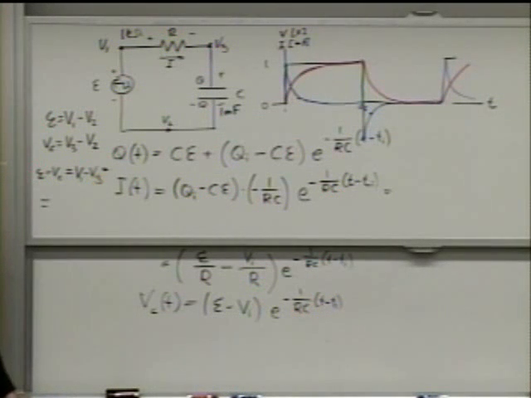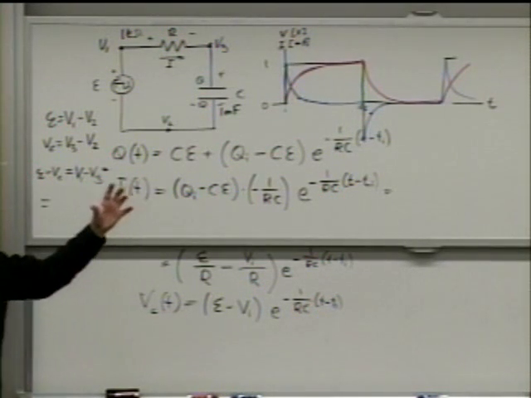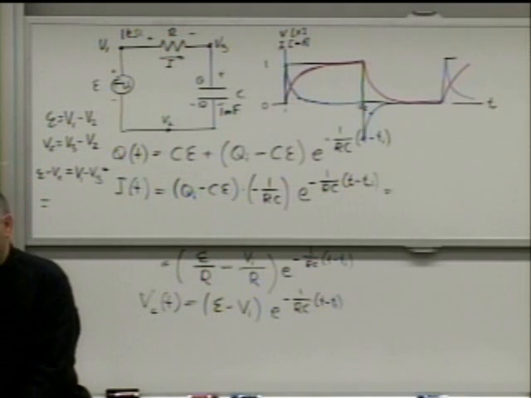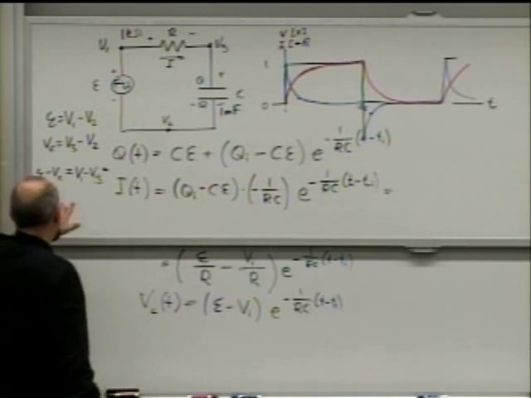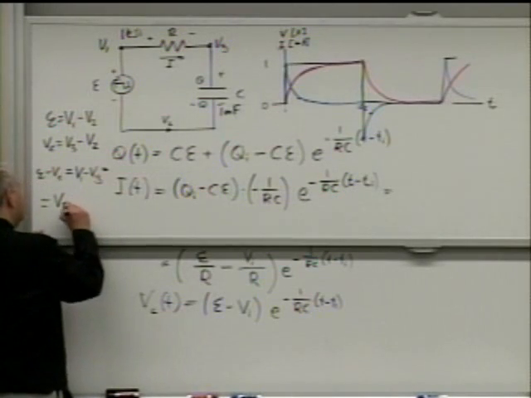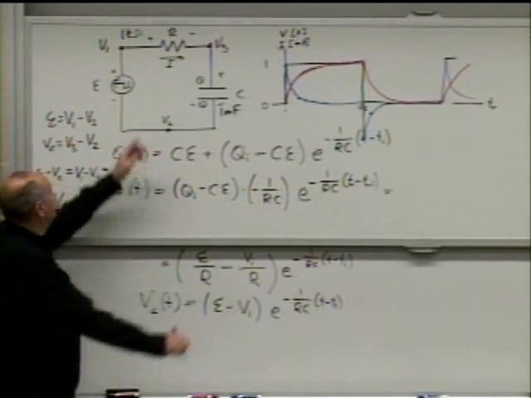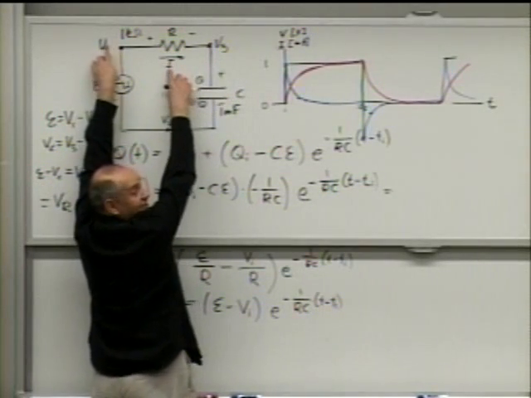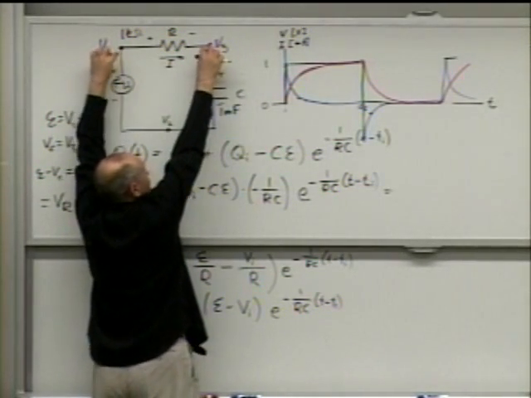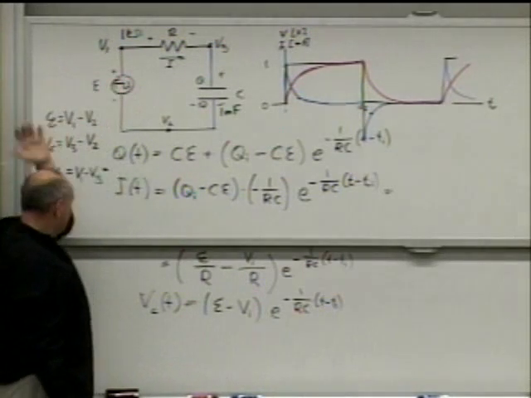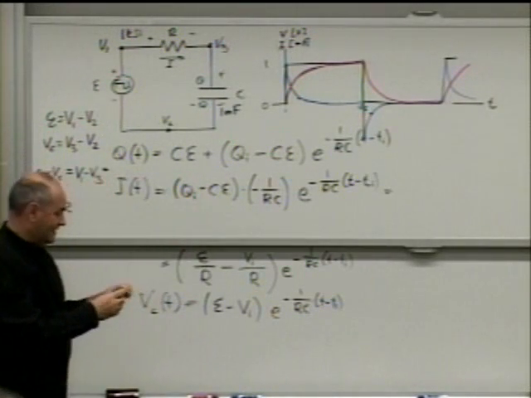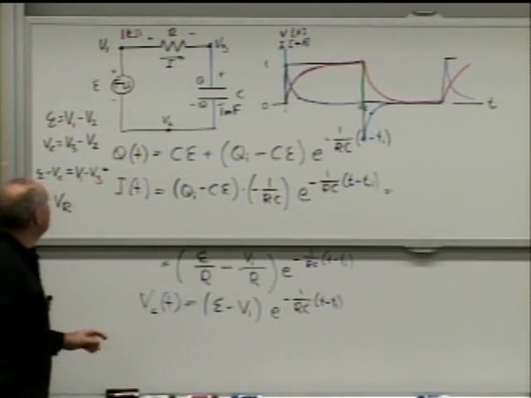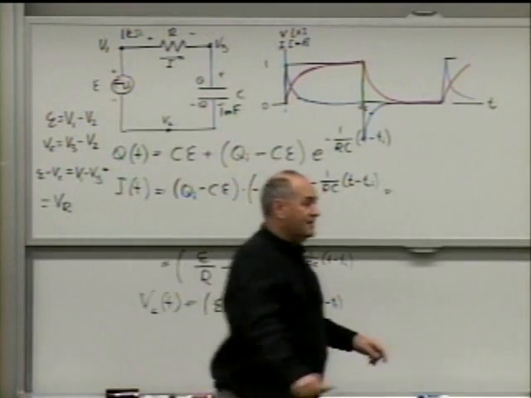What's that? Voltage across the resistor. Right, this represents voltage across the resistor, voltage between these 2 points. And current flowing here is proportional to this voltage. So this was an alternative way of finding that current.